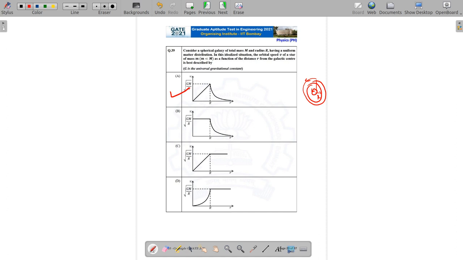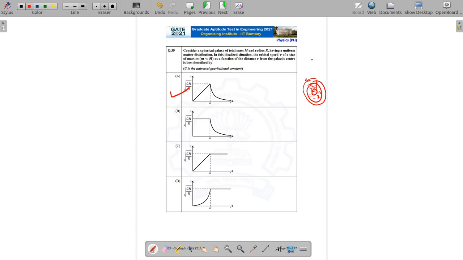That's the question. One thing you can guess is that if you go outside R, also given that inside capital R there is a uniform mass distribution, it's a spherical galaxy with uniform mass distribution. If you go very far away, this looks like a point mass.